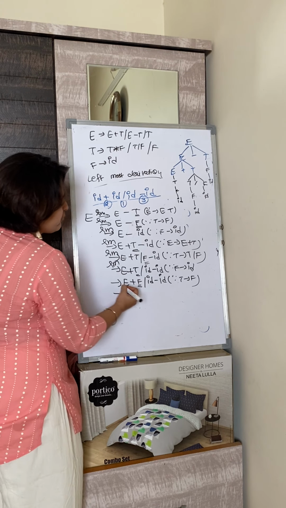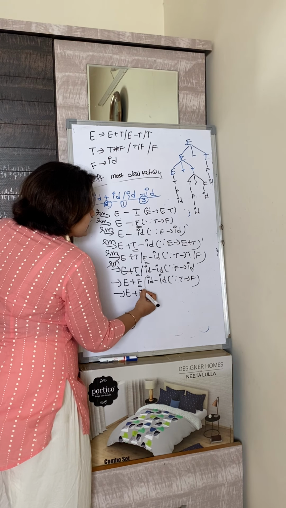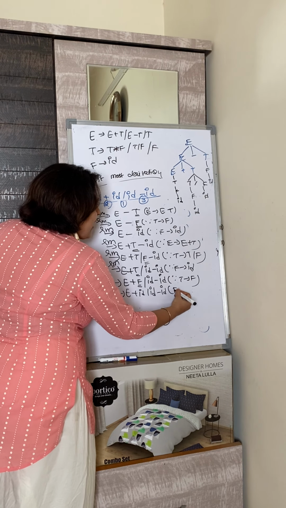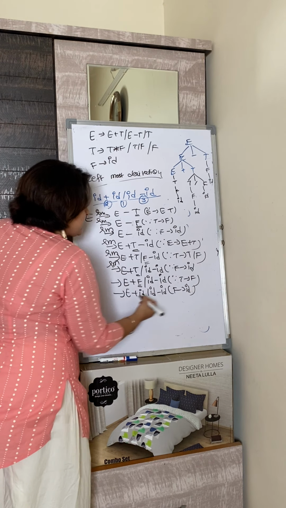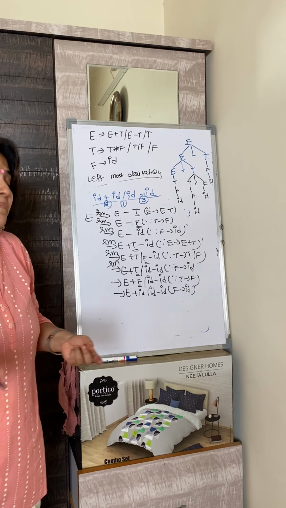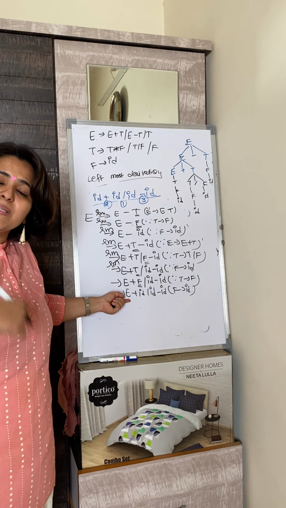F is going to be derived first. E plus id divided by id minus id. So F will be deriving to id first. How many non-terminals do we have on the right side? A single one, that is E. What do we require on the left side of plus? id.